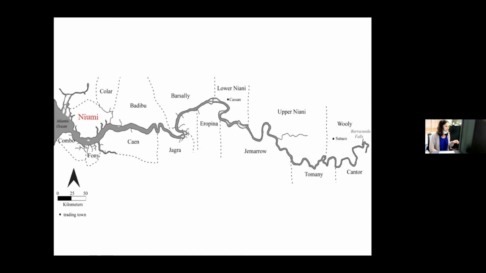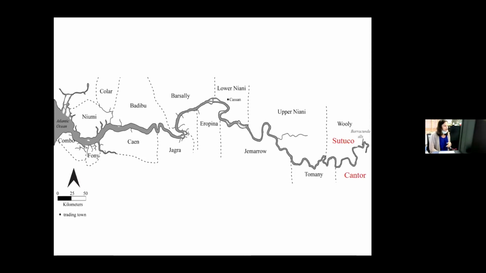And you can see where the British trading companies and later the French shifted their effort as different polities came in and out of power through their own conflicts in the region. So Combo was pretty influential early on, and you could see these two polities control the entrance of the river. So just geographically located in a good spot.